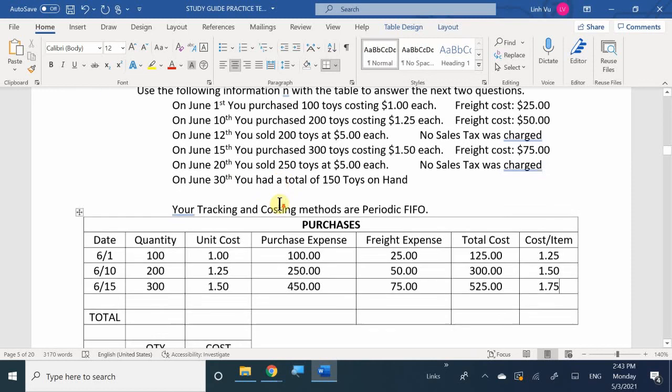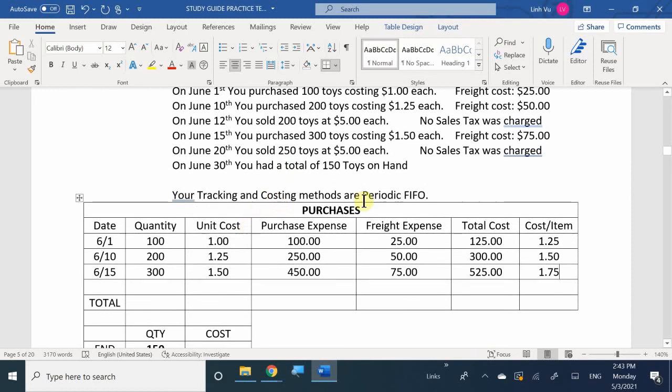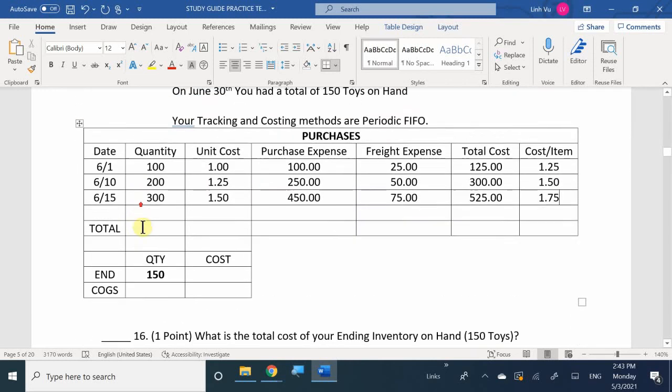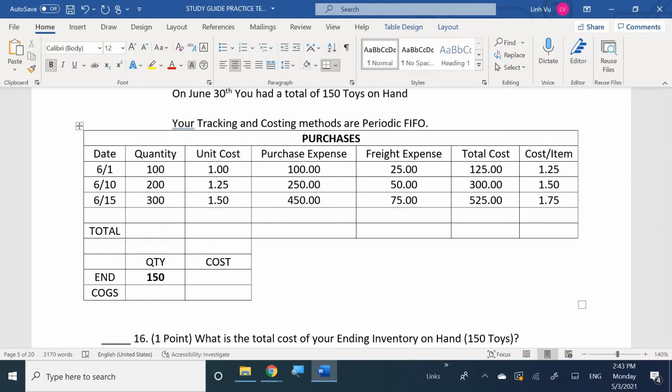But this time, what is our costing method? It's FIFO. So here we should have 600 items at $800 plus 150 of the freight, giving you a total of $950. Okay.